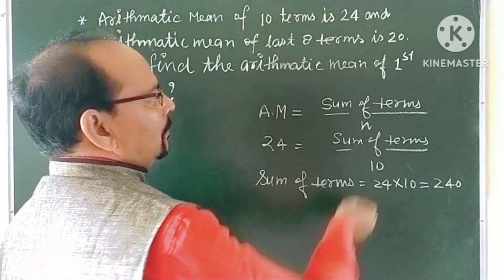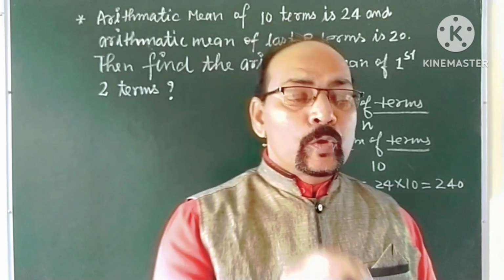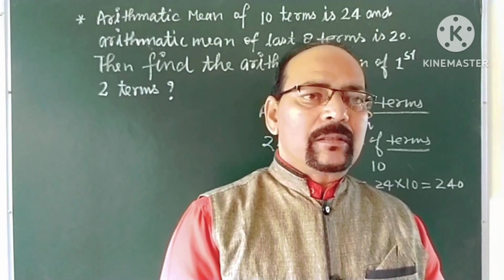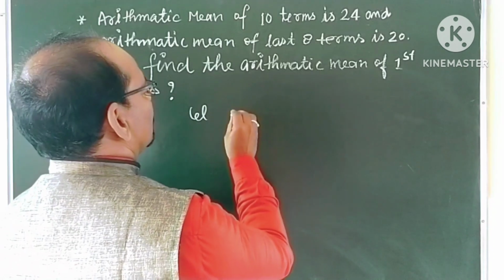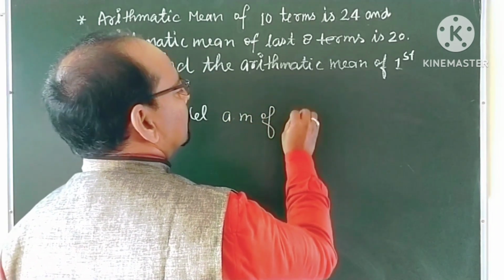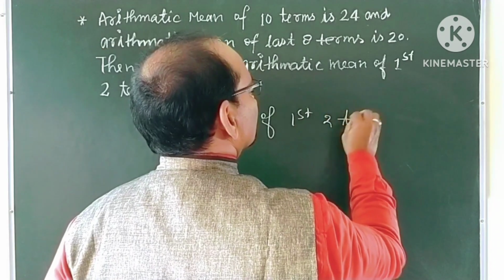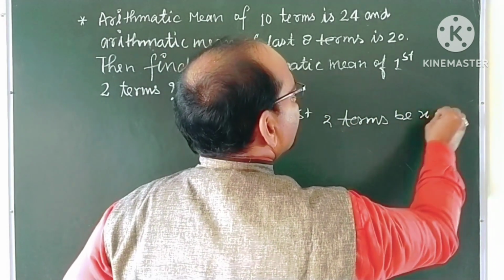Let the arithmetic mean of the first 2 terms be x.